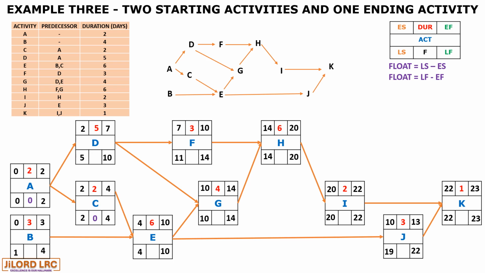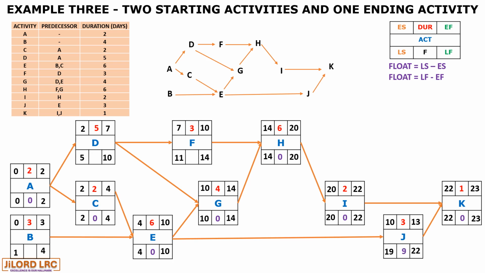Now let's calculate our float. So we start with activity A, which is 0. Activity C is 0. Activity E is 0.